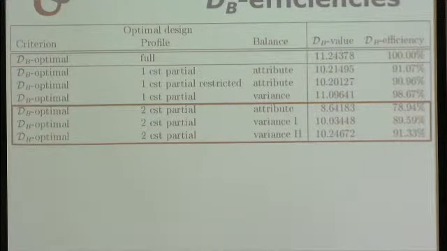We observe the same phenomenon when we generate designs where we hold two attributes constant. Here too, the variance balance approach, and we have two slightly different versions of that, does better than the attribute balance approach. And you can see that the informational content of our experiment drops even further when measured by the Bayesian d-optimality criterion.